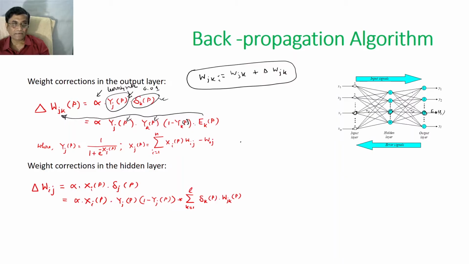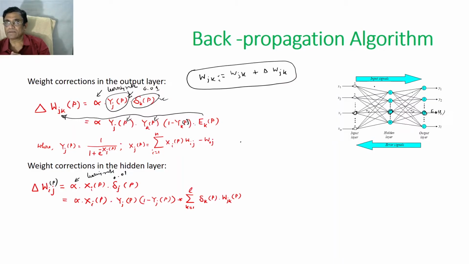You see, same thing. Alpha, xi for a particular epoch p. If I am missing something, don't worry about this. So this is the weight correction, alpha the learning rate as usual, then input times error, but here the error is denoted by the error gradient. Similarly, the output of this has contributed some error, isn't it?